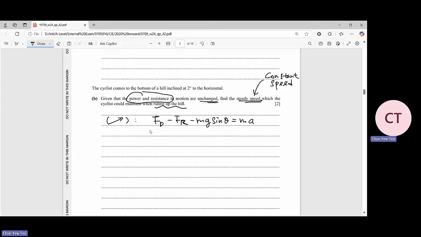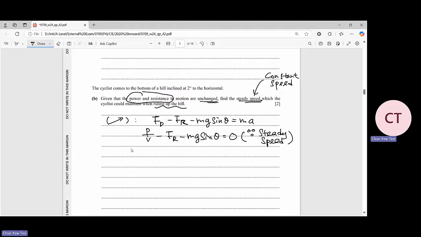Your driving force again is P over v, then minus the frictional force, minus mg sine theta equals 0 over here because of constant speed, because of steady speed. Steady speed will give you the acceleration is 0.